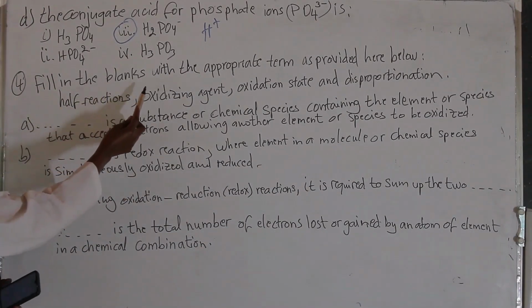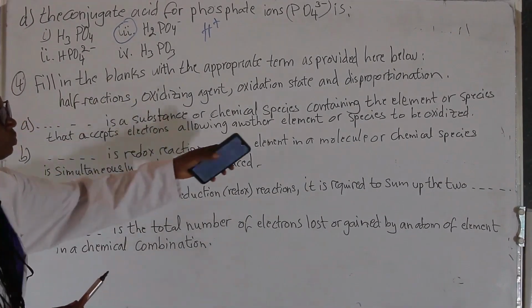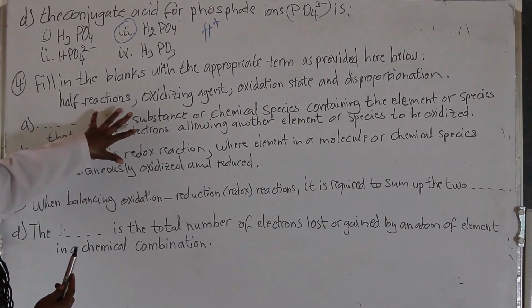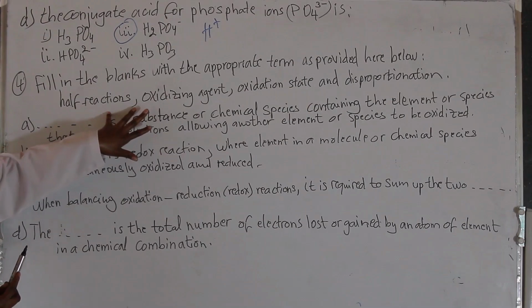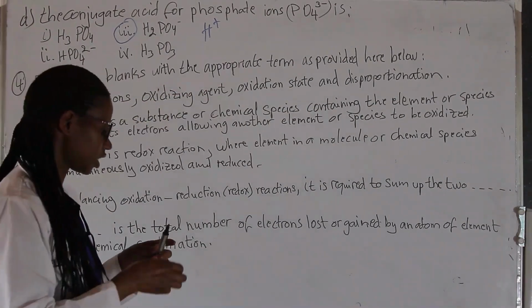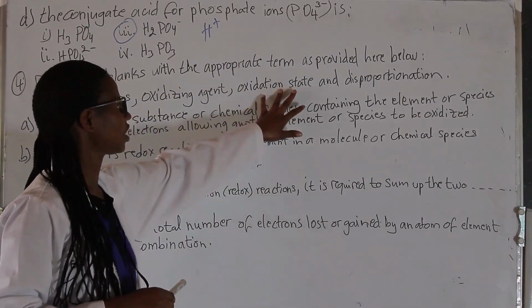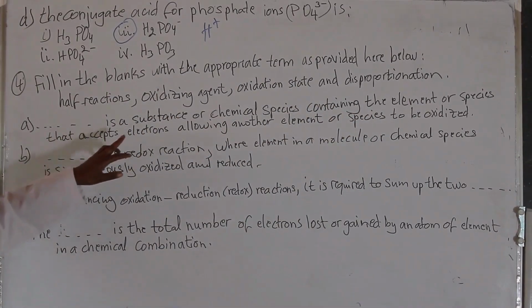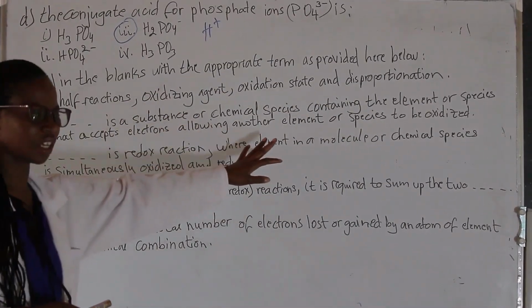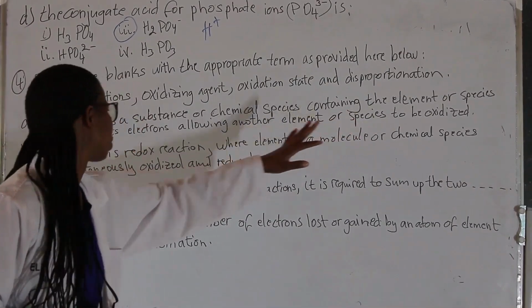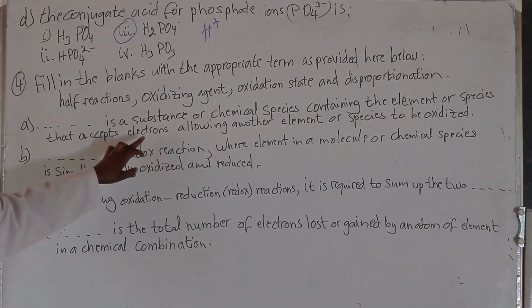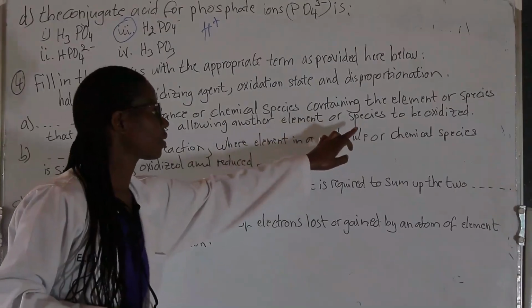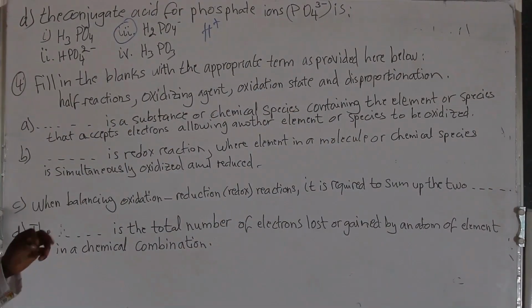Fill in the blank with the appropriate term as provided here. We have half reaction, oxidizing agent, oxidation state and disproportionation. Dash is a substance or chemical species containing the element or species that accepts electrons, allowing another element or species to be oxidized.